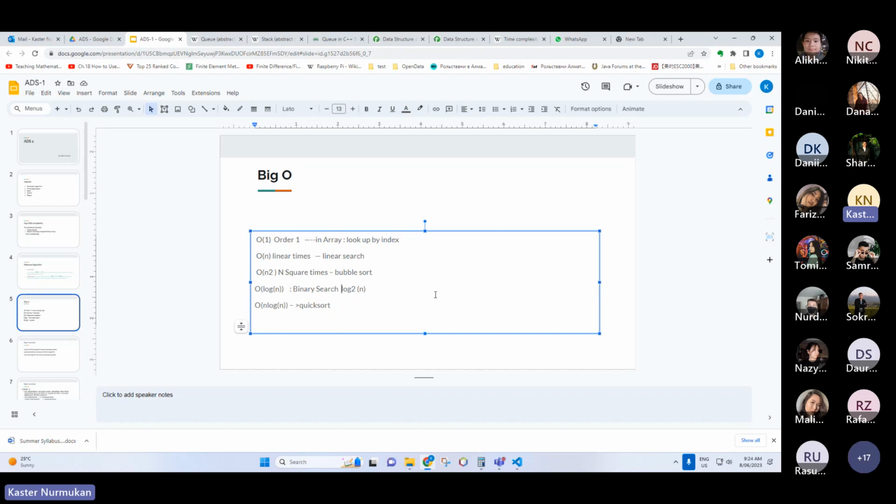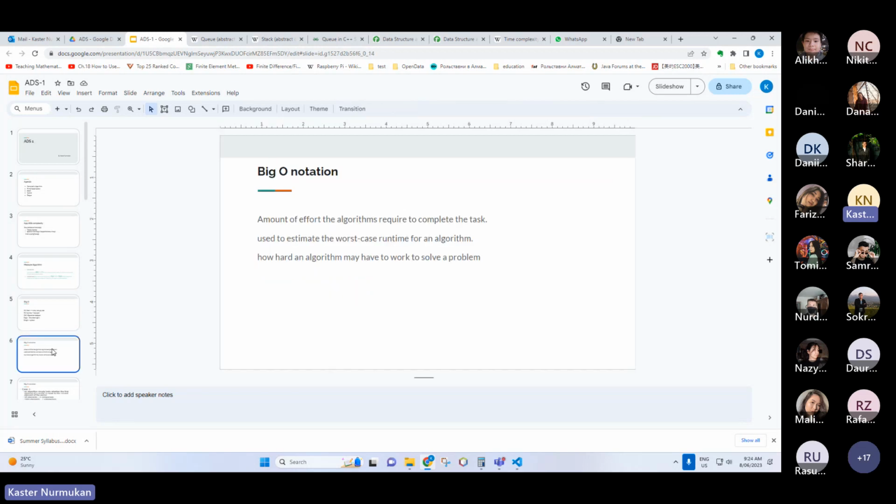You should know that, because, as I said, this is a binary architecture, right? The other one, O(n log n), is also very frequently used. So that's the reason we need to understand what these mean.